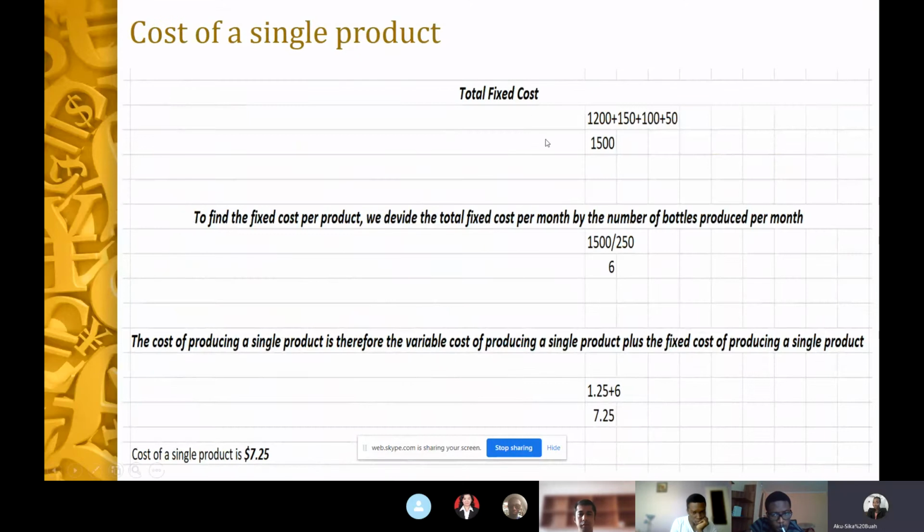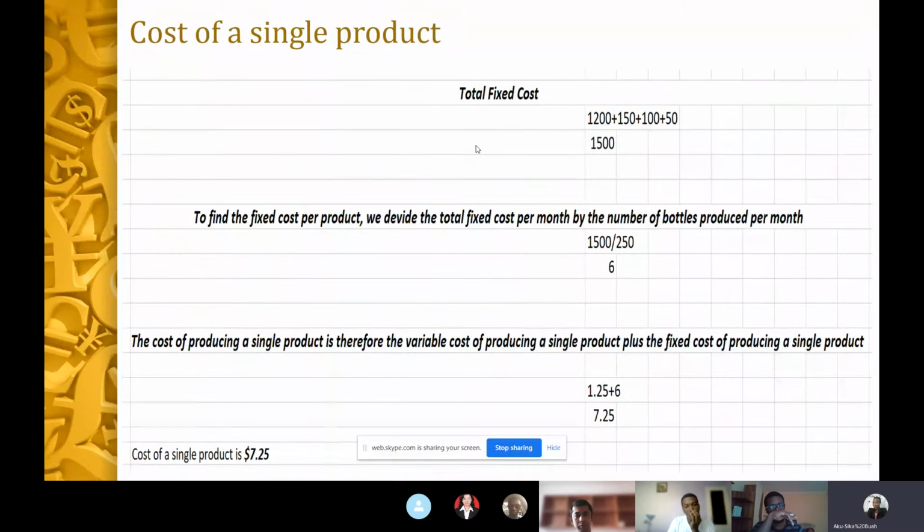The first thing she does is she finds the total fixed cost for 1 month. So here we have the staff costs, we have the rent, the transportation, and then the depreciation. If you sum them up, you get 1,500. The next thing is to find the fixed cost per product.